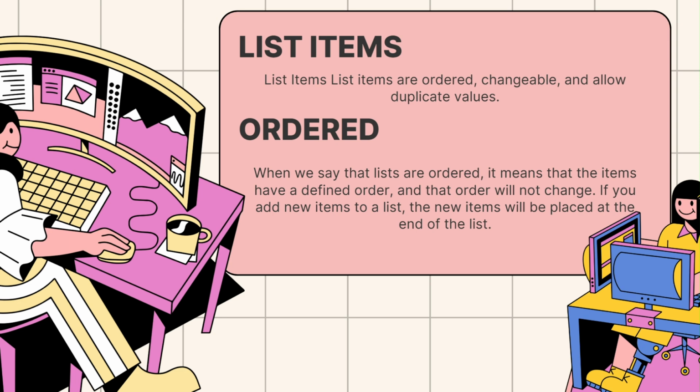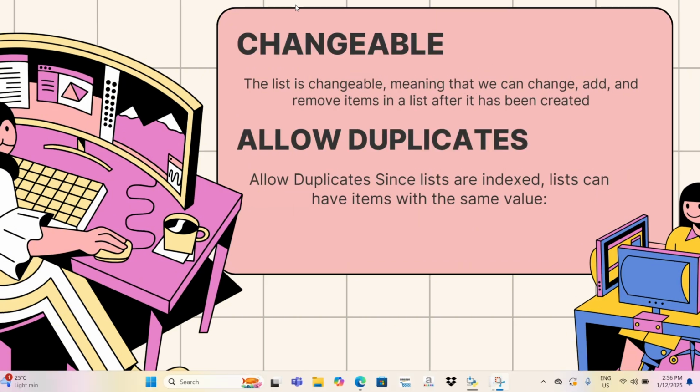If you add a new item to a list, the new item will be placed at the end of the list. Changeable. The list is changeable, meaning that we can change, add, and remove items in a list after it has been created. Allow duplicates. Since lists are indexed, lists can have items with the same value.